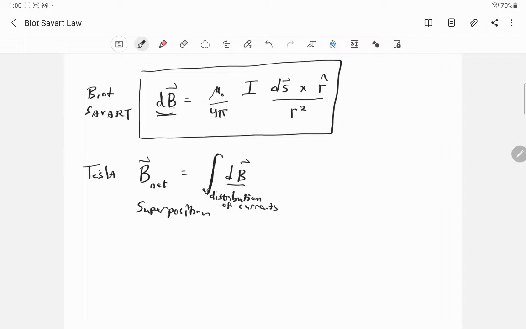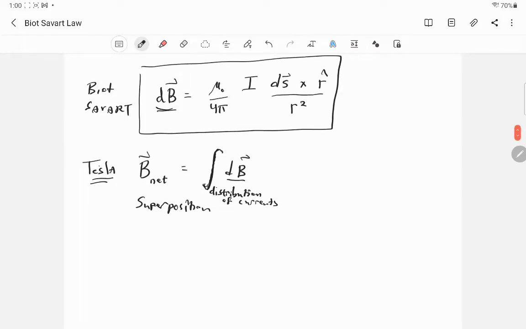So somehow all of the details inside this expression amount to the units of the Tesla if you put in SI units. I have to show you what each of these factors in this expression is, but it is a vector because I have the vector cross product between a vector called ds and a vector called r hat.